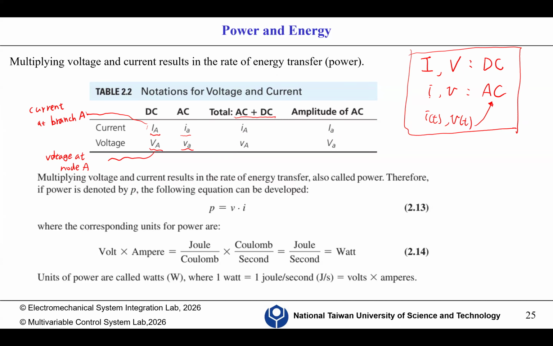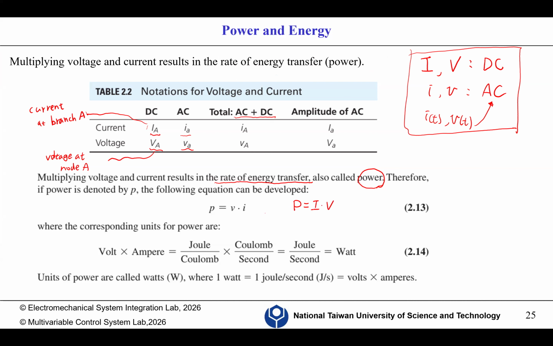Okay, and multiplying voltage and current results in the rate of energy transfer, also called power. Therefore, if power is denoted by P, you see it's an italic p. So the assumption is it is an AC power, so they are all AC voltage and AC current. But for this formula, if it's DC, it still works.